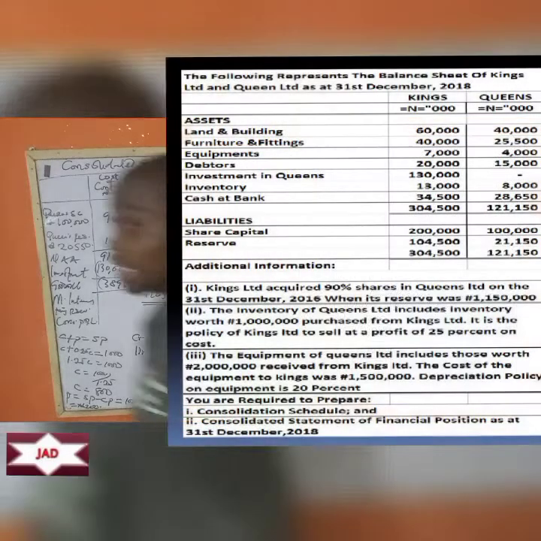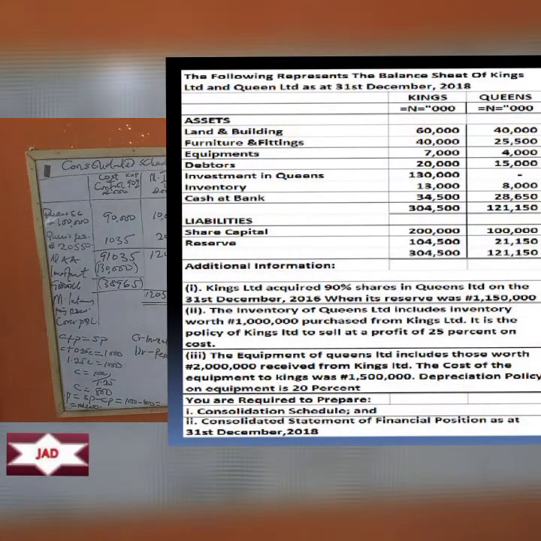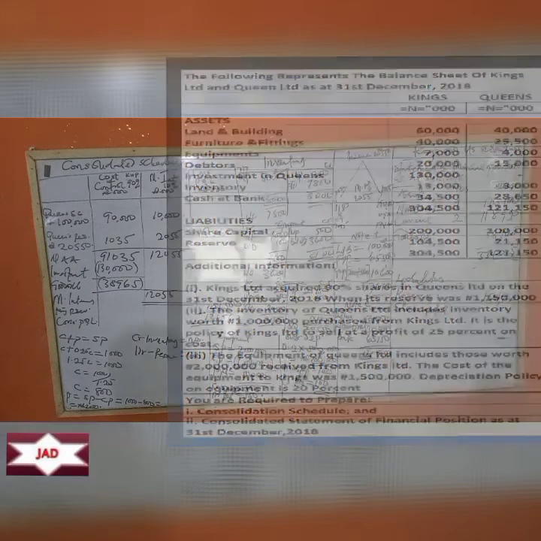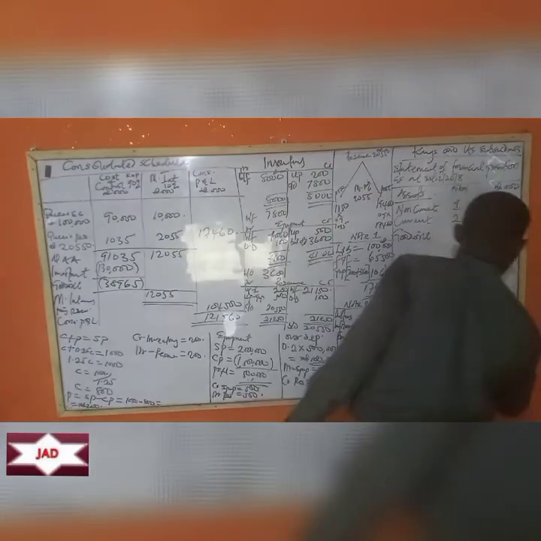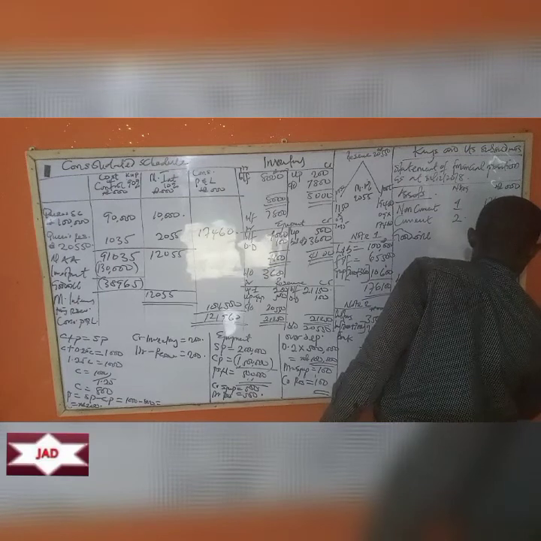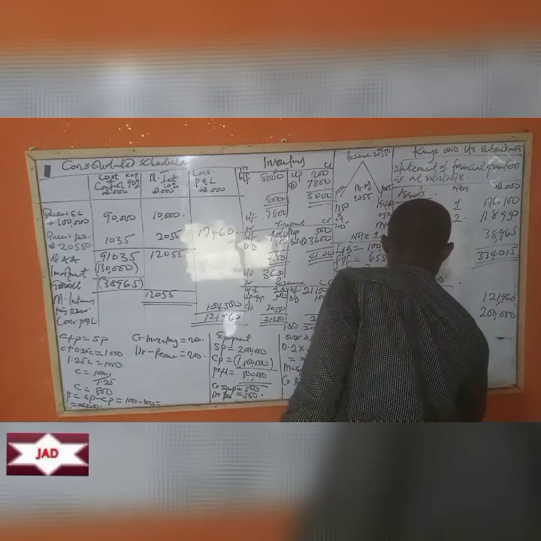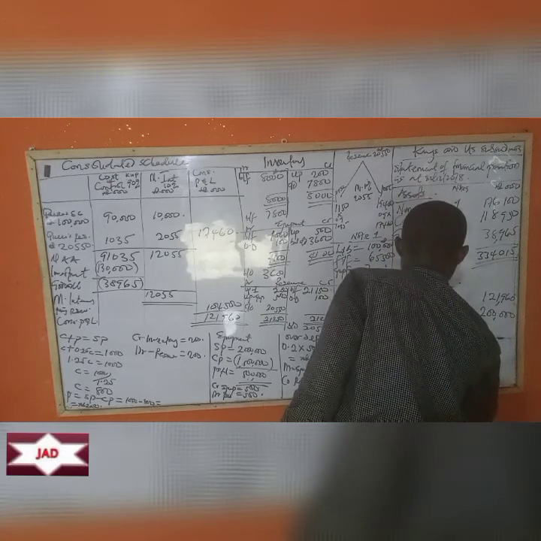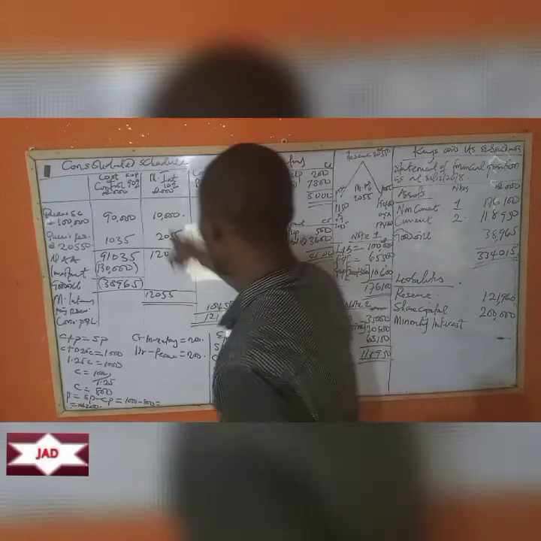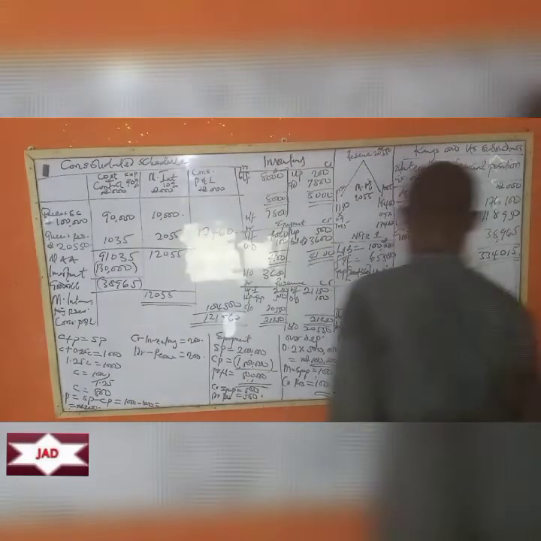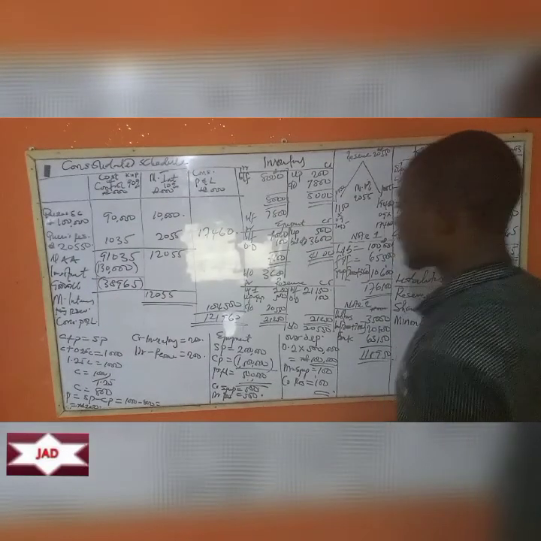Our share capital, according to the question, that's for the holding company, is 200,000. Now, what is our minority interest? What do we have here? 12,055.